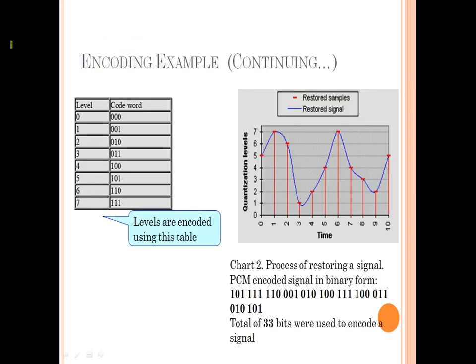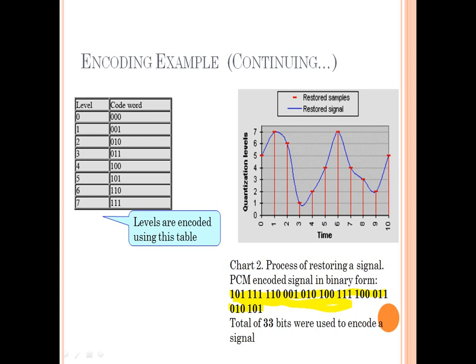So how will these binary signals be transmitted? For 5 it is 101, for 7 it is 111, for 6 it is 110. This is how the output signal will be generated. Each and every quantized value will be taken as 3-bit PCM, converted into a 3-bit digital value.